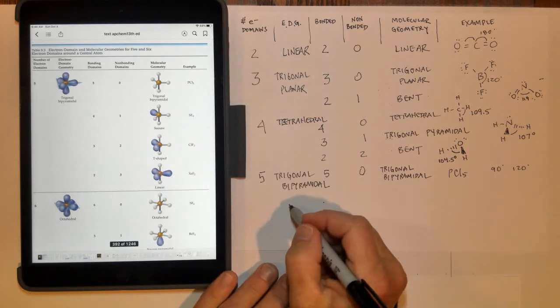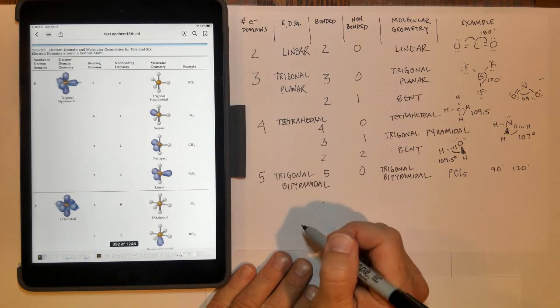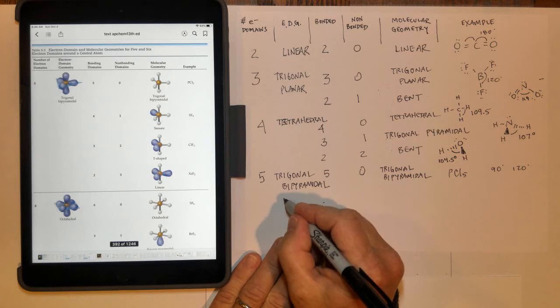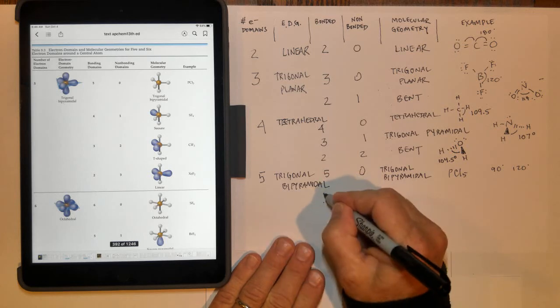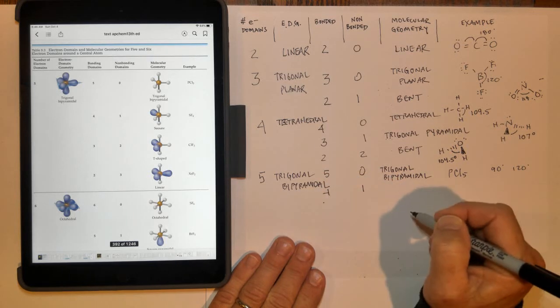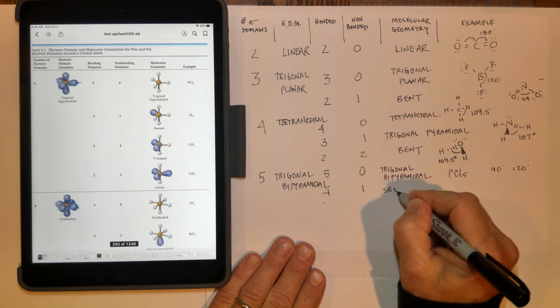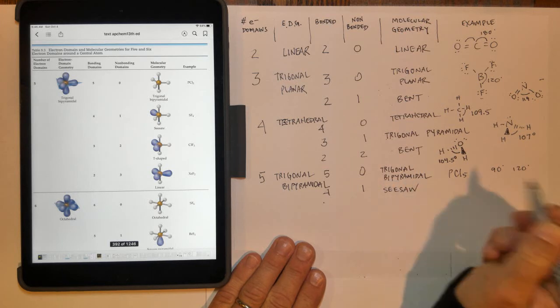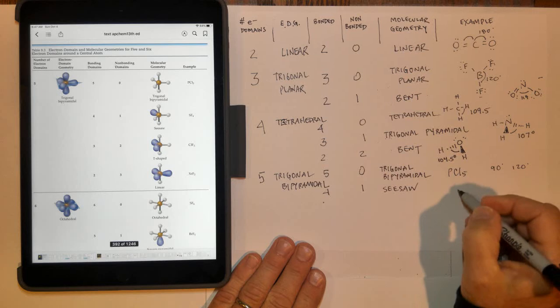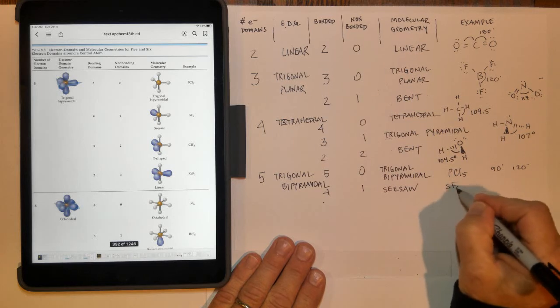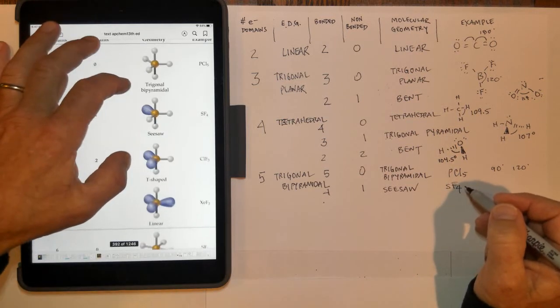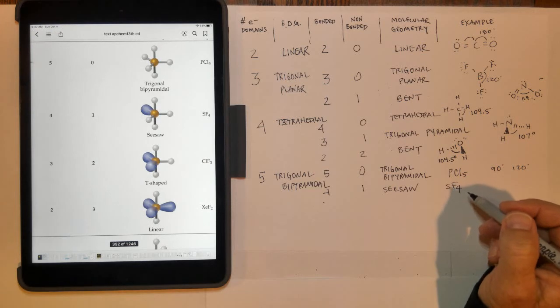Next one right here is 4 bonded, 1 non-bonded, and this one is called seesaw. An example of seesaw is SF4. You can see the example right here in the textbook, where we've got 1 non-bonded domain coming off of that equatorial domain.